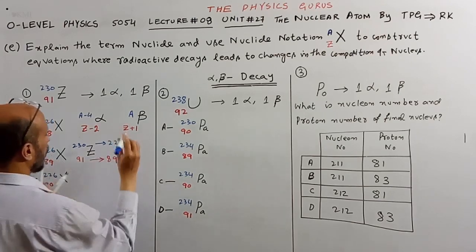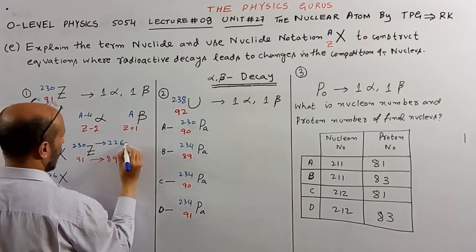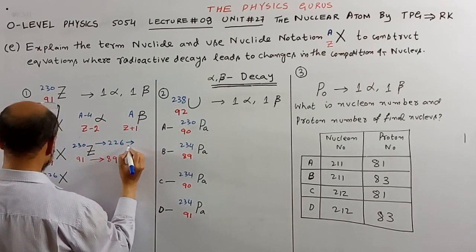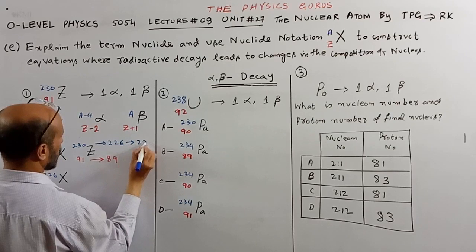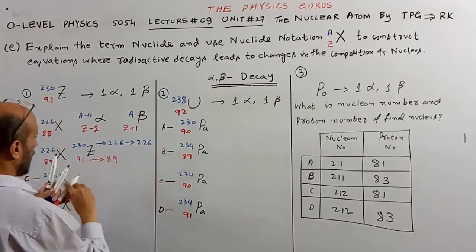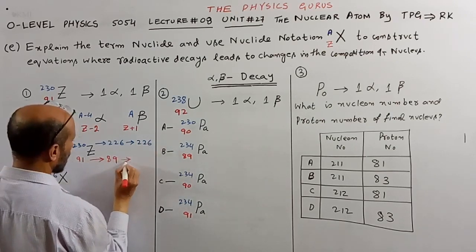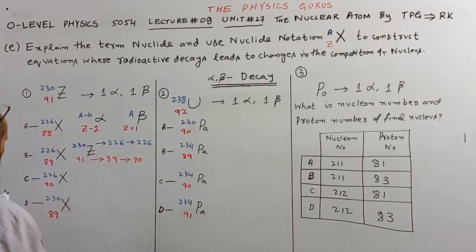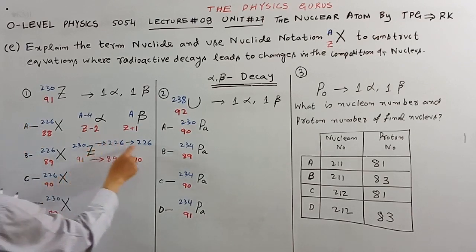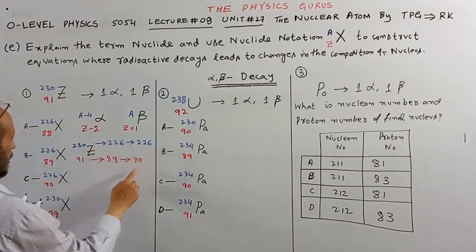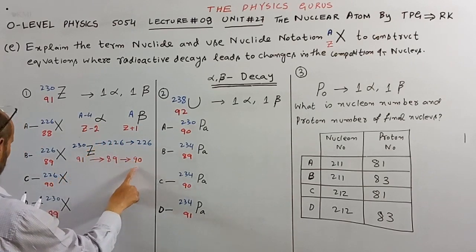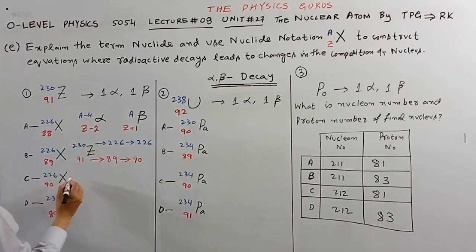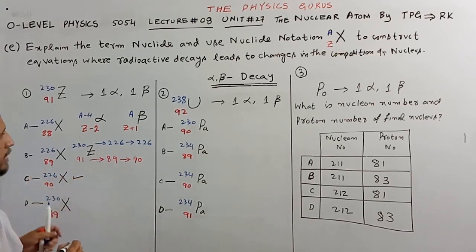And then for emission of a beta particle, the value of A remains as it is, that is 226, and the value of Z is increased by 1, that is 90. So which option is now the correct option? The value of A is equal to 226 and the value of Z is equal to 90. So option C is the correct answer, 226 and 90.